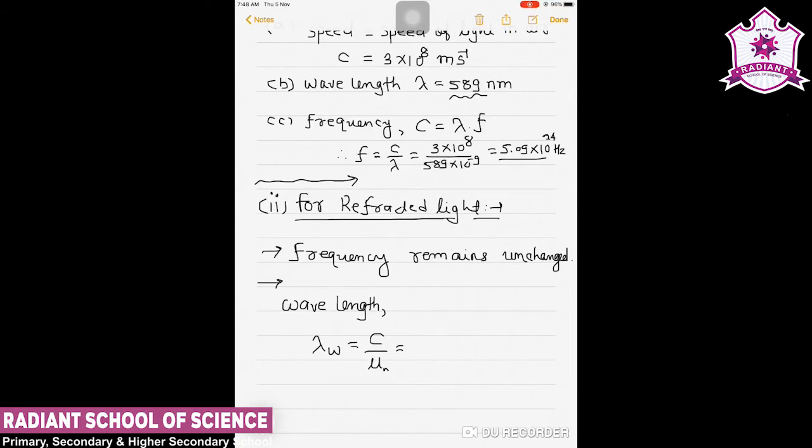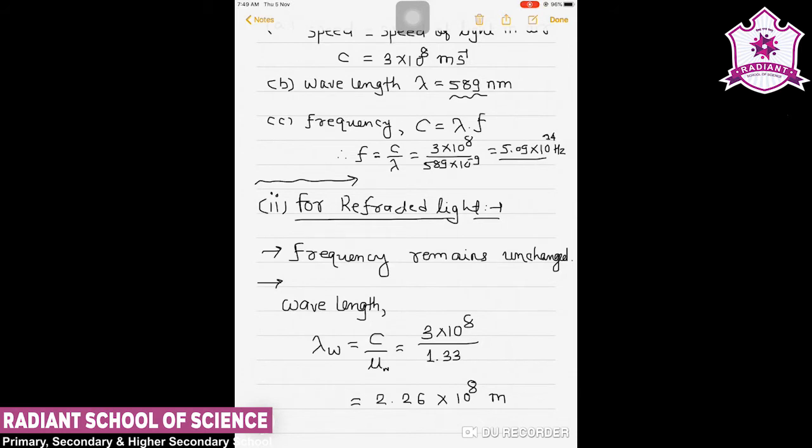So here we use mu W, and now we know the value, that is 3 into 10 raised to 8 divided by 1.33, that is equal to 2.26 into 10 raised to 8 meter.